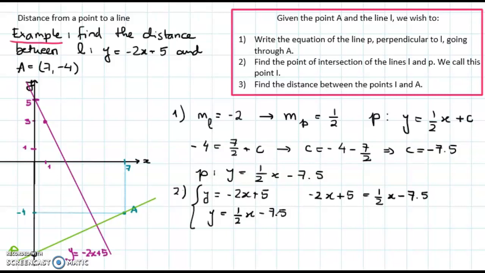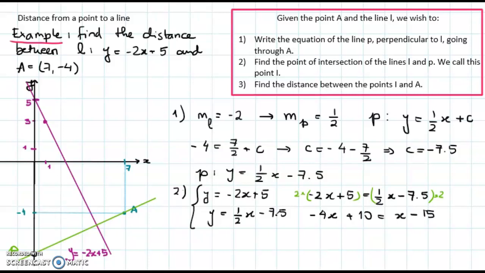We could do this by, first of all, multiplying everything by 2, so we don't have to worry about the fraction on the right hand side. So we'll be saying that -4x plus 10 is equal to x minus 15.